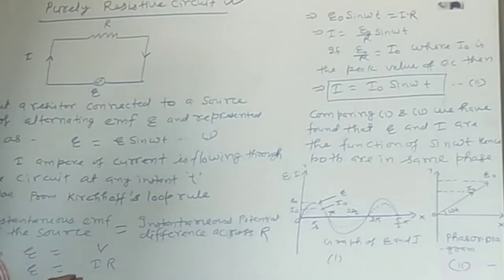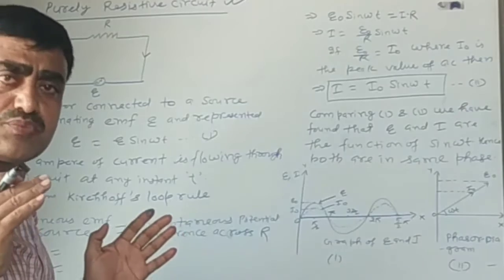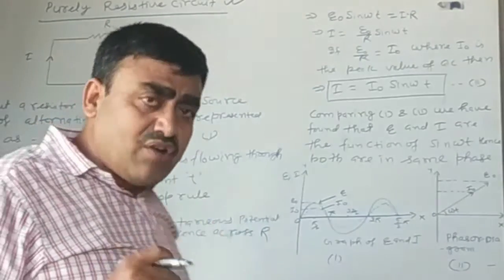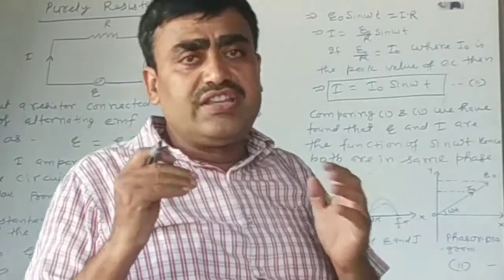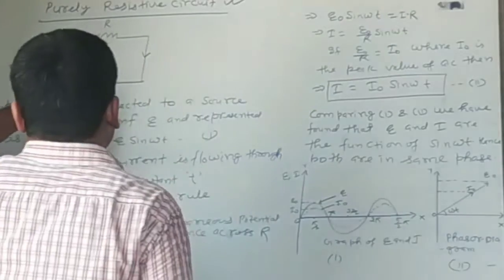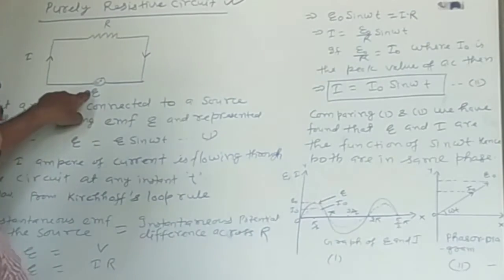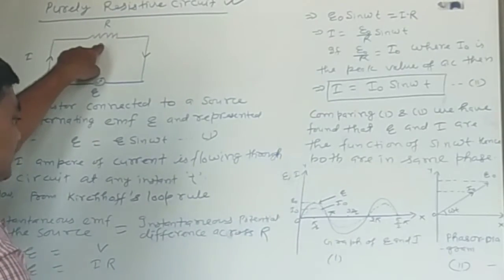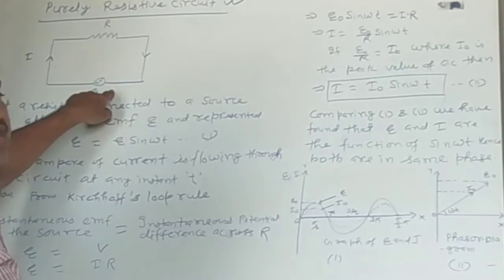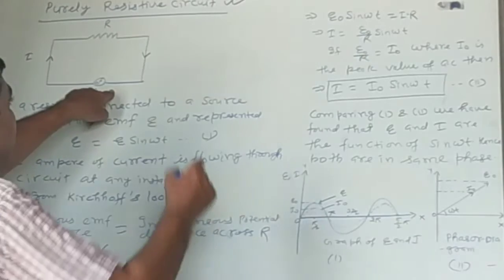According to Kirchhoff's loop law, in any closed circuit, the sum of all EMF is zero. That means here I into R is positive and the direction of alternating EMF is negative.